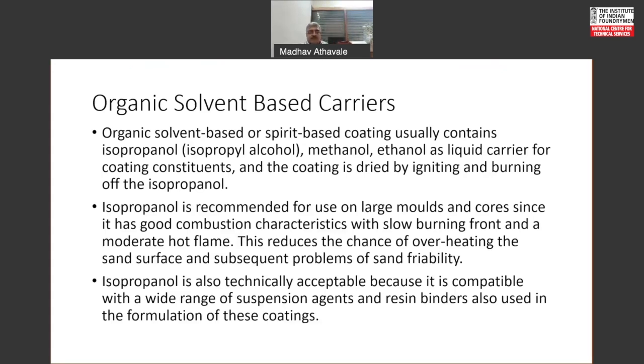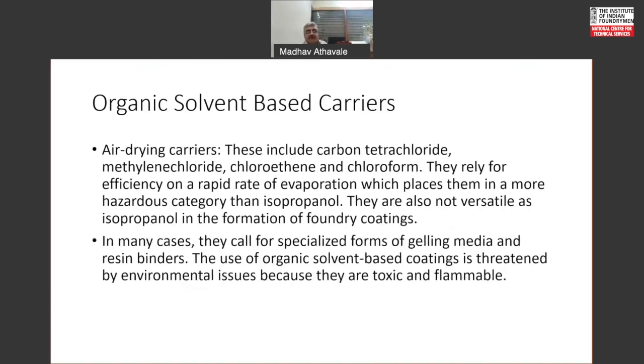Also technically acceptable because it is acceptable with a wide range of suspension agents and resin binders. So the solvent has to take care of everything. Organic solvent based.